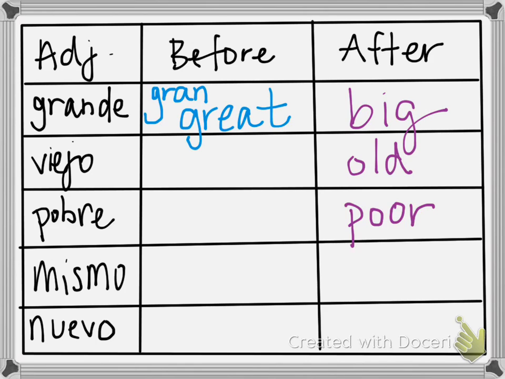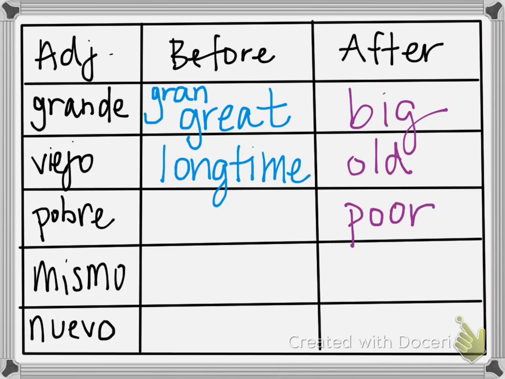Okay, por ejemplo, el gran circo, the great circus, as opposed to el circo grande, which would be the big circus. Viejo means long time. Okay, por ejemplo, mi amigo viejo would be my old friend, whereas if you put viejo before, so mi viejo amigo, be your longtime friend or somebody that was a friend of yours for a long time.